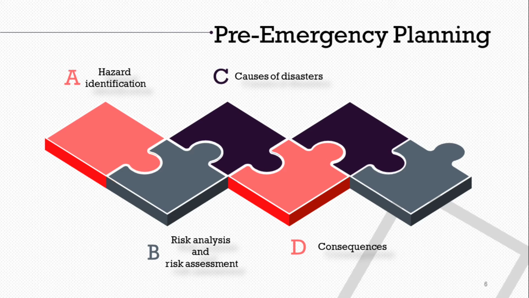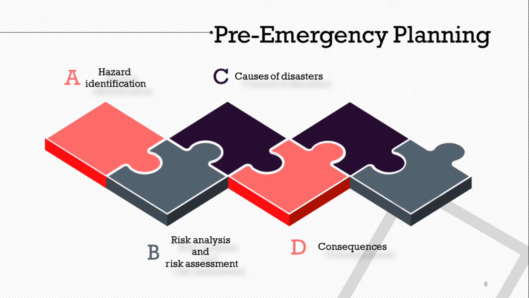Second would be risk analysis and risk assessment. After hazard identification, we should be able to calculate what the risks are. Through risk analysis, we can categorize the emergency as a type 1, type 2 or type 3 emergency.